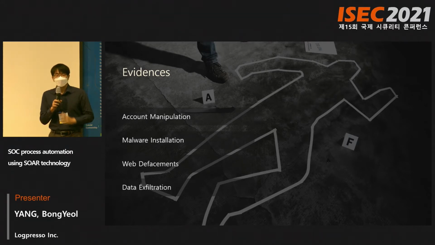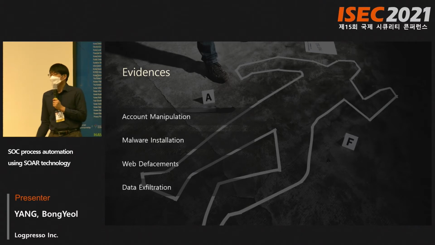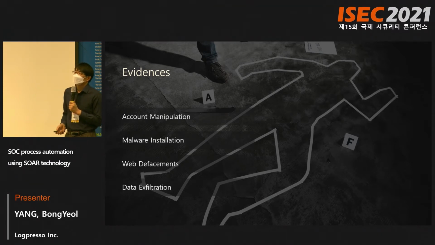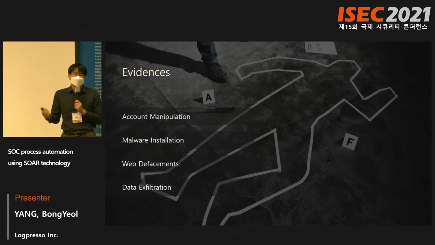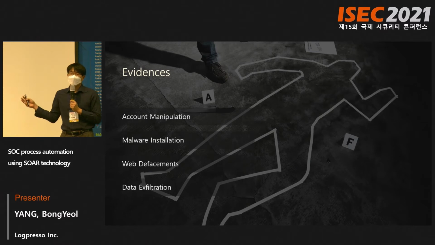So what are some examples of evidence? For example, let's say a web server was hacked. In order for the same hacker to come again, the hacker generated a manager account or secretly installed some malware, and the web service was provided, and the page could be manipulated on the server in order to steal the data.